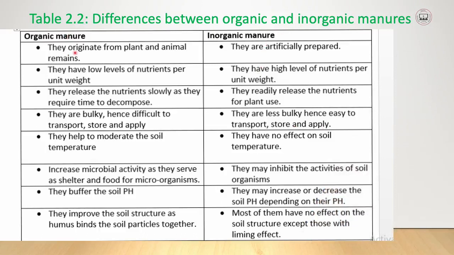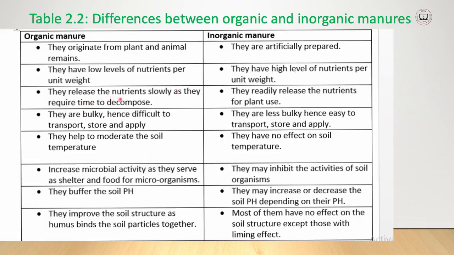The first difference is that organic manures originate from plant and animal remains, while inorganic manures are artificially prepared. Apart from that, organic manures have low levels of nutrient per unit weight, while we expect a high level of nutrient per unit weight in inorganic manure.